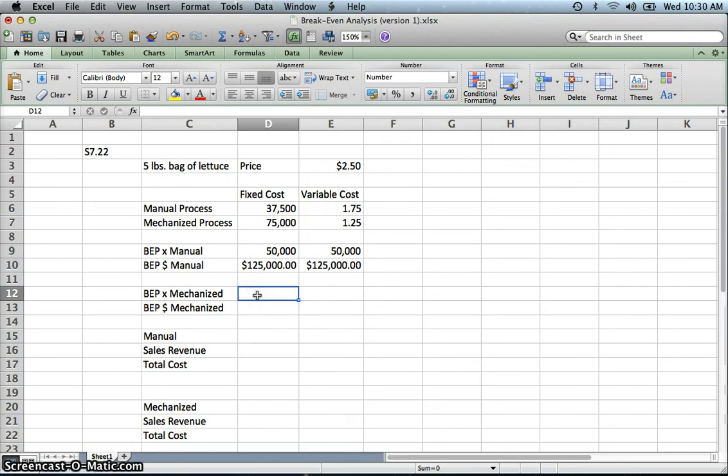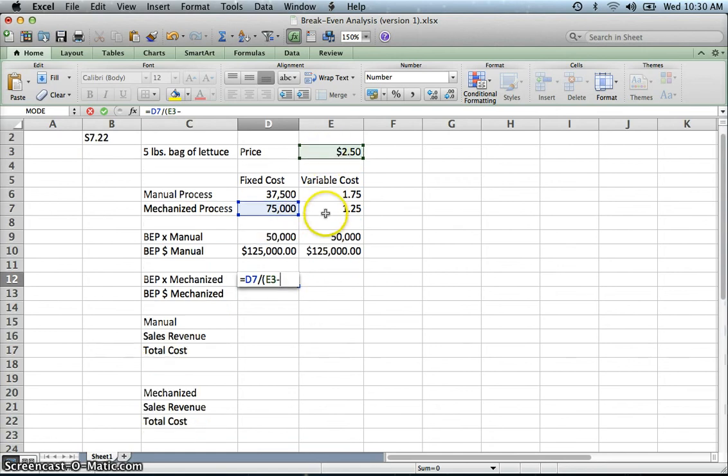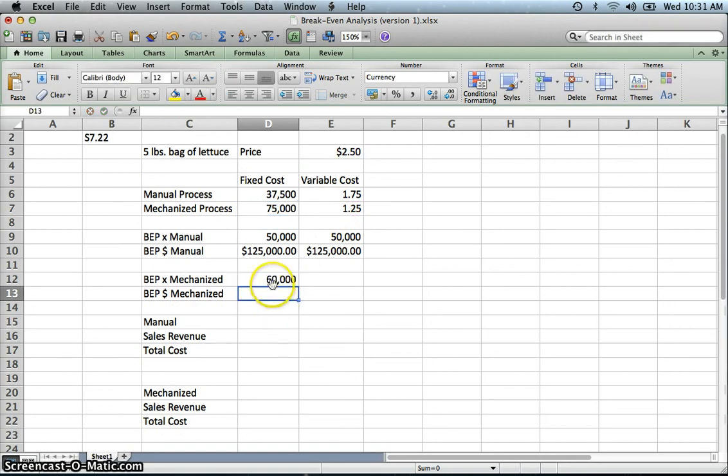So once again, the formula is our fixed cost for the break-even point in quantity divided by the price minus the variable cost. In this case, $1.25. So higher fixed cost but lower variable cost. And so we actually have to do 60,000 to hit the break-even point here.